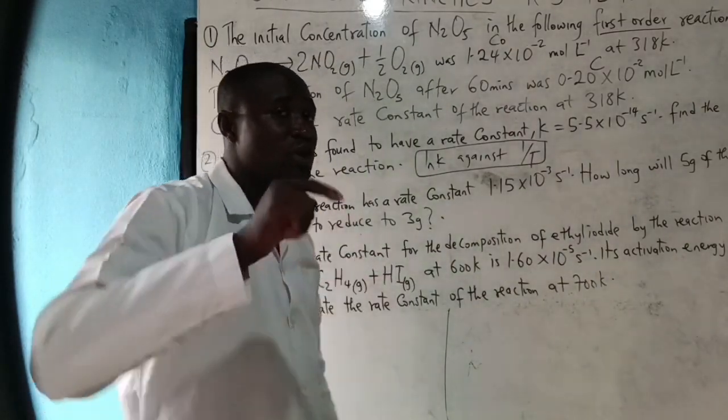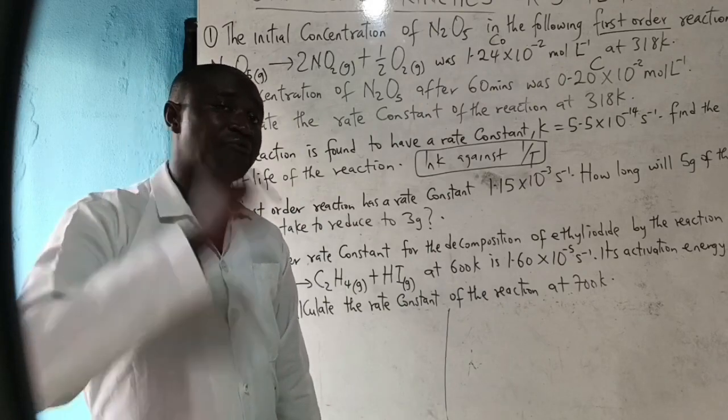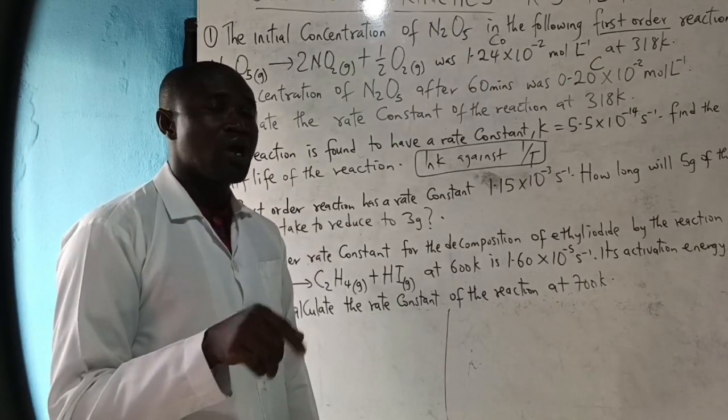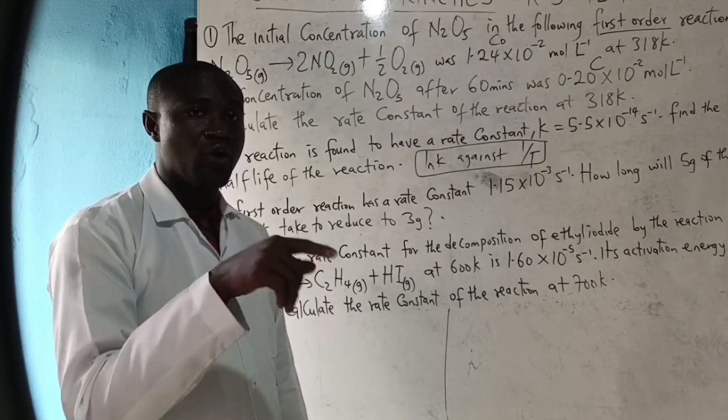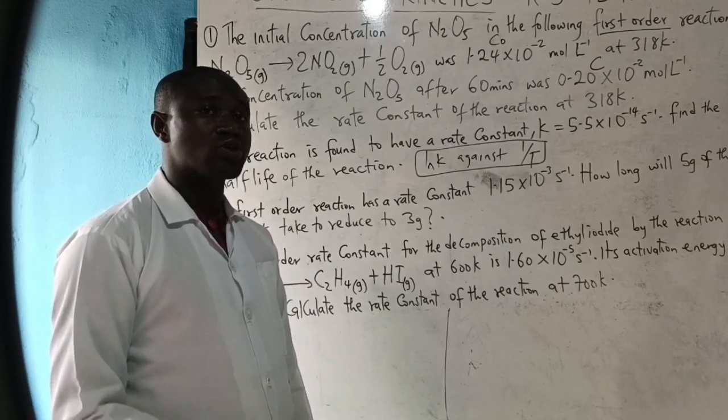Per second means it's talking about first order, because we say in first order the unit of your K, which you call rate constant, is per second.